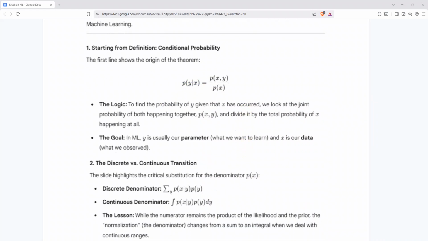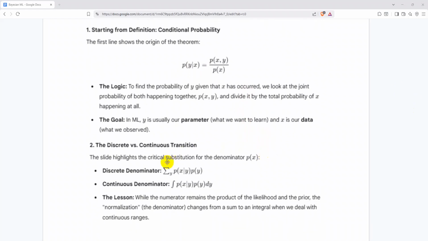Now we slightly rewrite this denominator. So probability of x comma y is equal to probability of x given y times probability of y. So substituting this part in this equation, we can write probability of y given x equals probability of x given y times probability of y divided by probability of x.